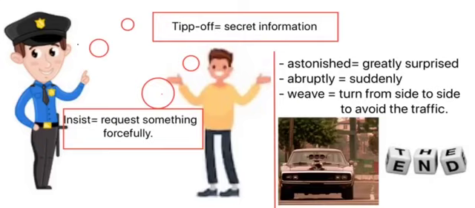Now let's see this scene. At this point, when he told him how they got this map, the security officer told him that they had a tip-off. What's the meaning of tip-off? Tip-off means secret information. معلومات سرية.